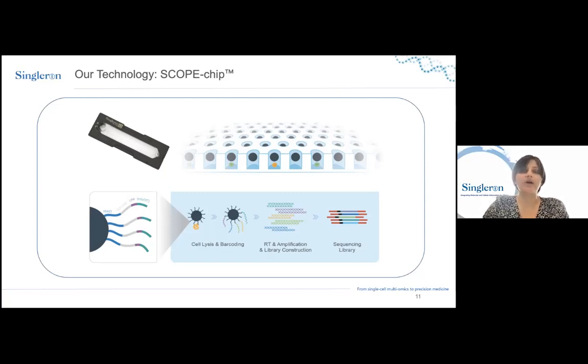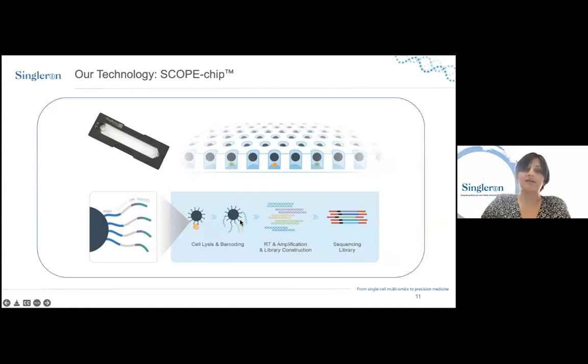The barcoding beads themselves carry oligonucleotides on their surface. I will explain on the next slide what exactly is in those sequences. But what is important is that once the single cell and the barcoding bead come together, we lyse the cells and release their contents, including the mRNA, and the mRNA gets captured onto the barcoding beads.